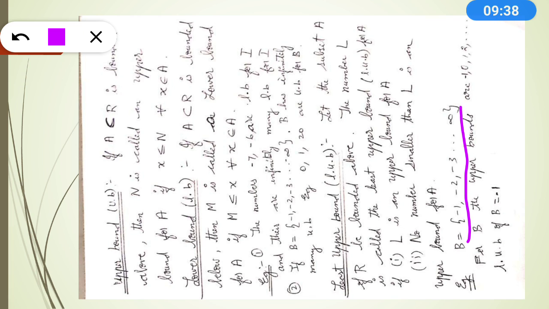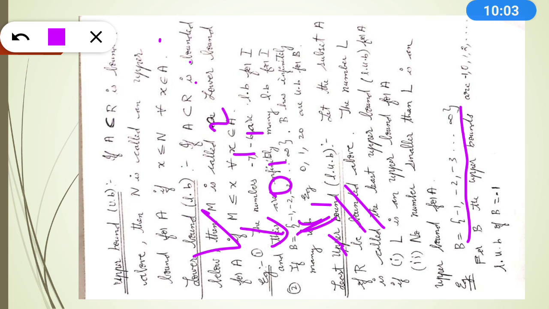The upper bounds for this set will be -1, 0, 1, 2, etc. What is the least among the upper bounds? -1. So for this set, -1 is the least element, the minimum element, and this will be my least upper bound. So this L is nothing but -1.